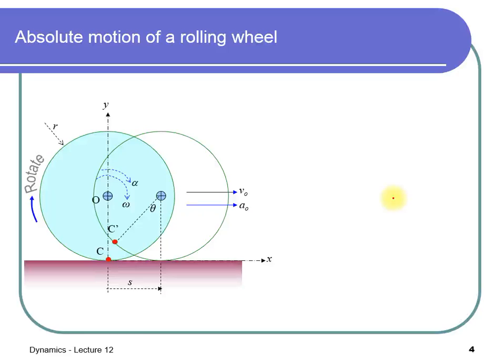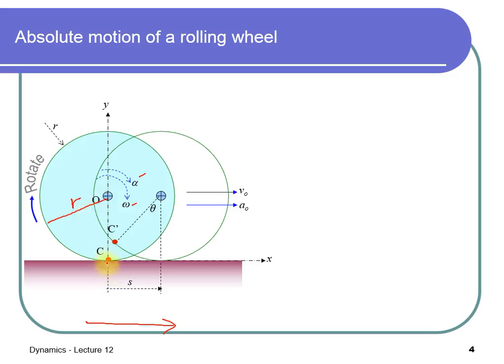Okay, let's take this example. If the blue color is rotating clockwise, the disc will be moving to the right hand side. The disc has angular velocity omega and angular acceleration alpha, with a radius of r.